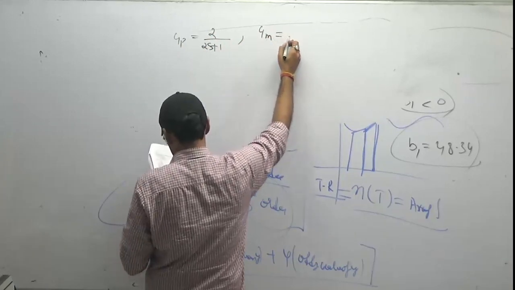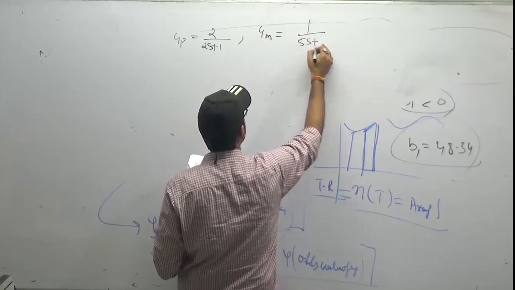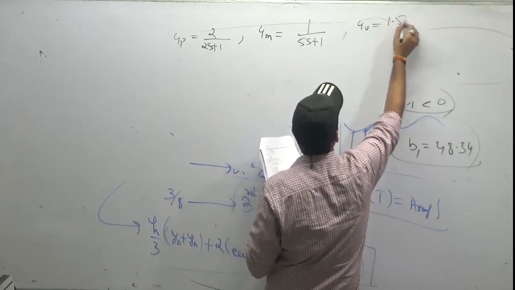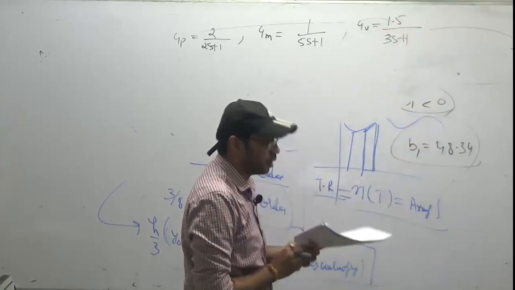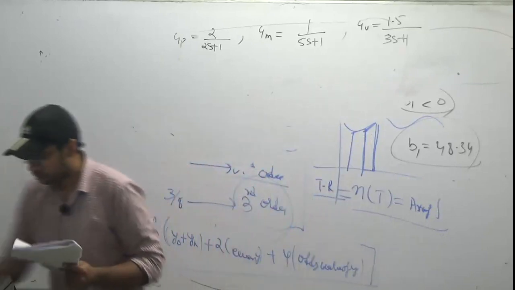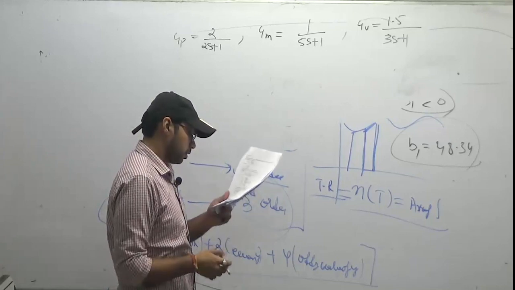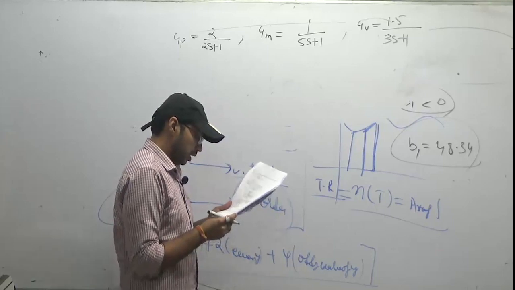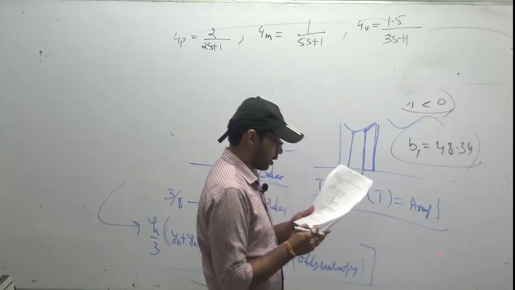GM, the measuring element, is 1 upon 5s plus 1. The valve is 1 divided by 3s plus 1. A proportional controller with a gain of Kc is used, a P controller. Determine the steady state error in the output for a unit step change in the set point.